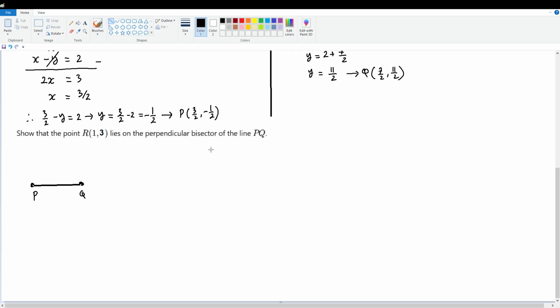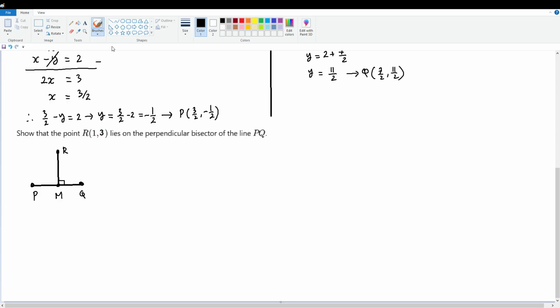And the perpendicular bisector is the line that passes through the midpoint of PQ. So let's say the midpoint of PQ is M, and R must be shown to lie on this perpendicular bisector. That is the idea of how to show part 2.